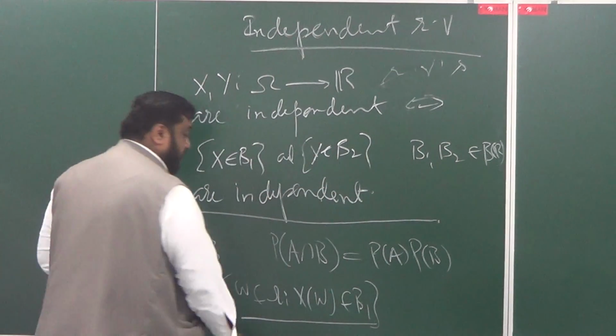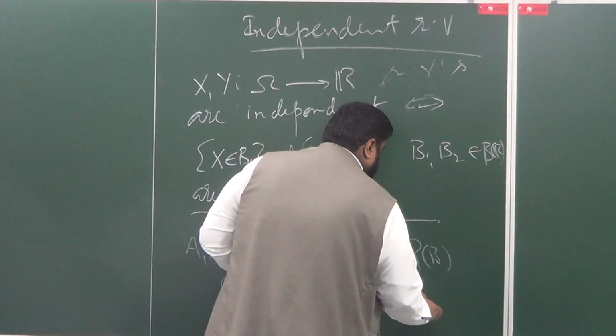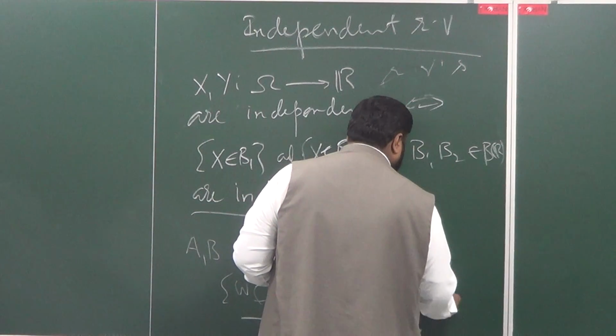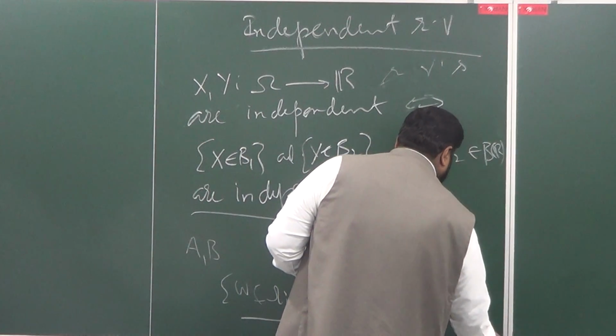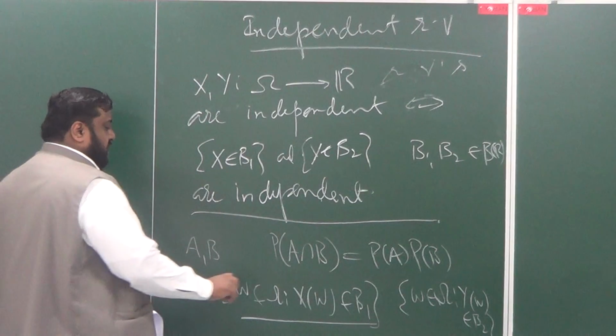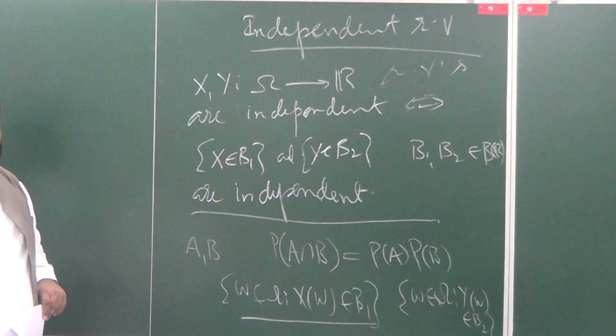That's a set. Similarly, consider the collection of those omegas for which Y of omega is in B2. That's another set. And B1 and B2 are two arbitrary Borel sets.